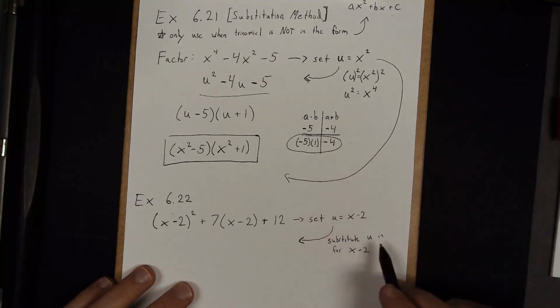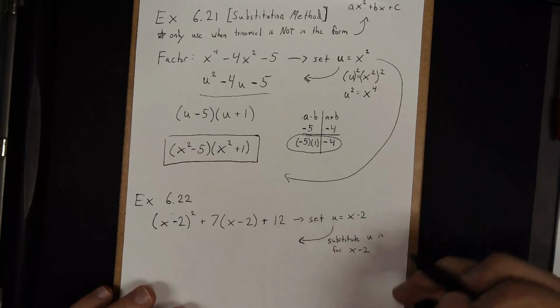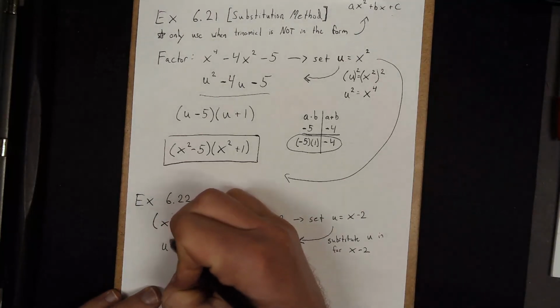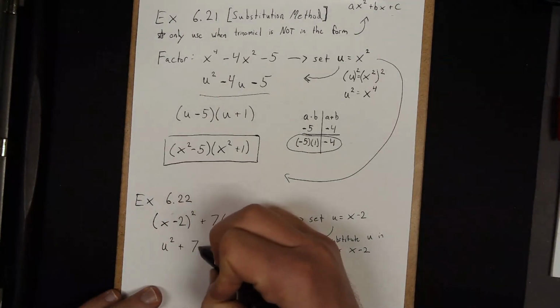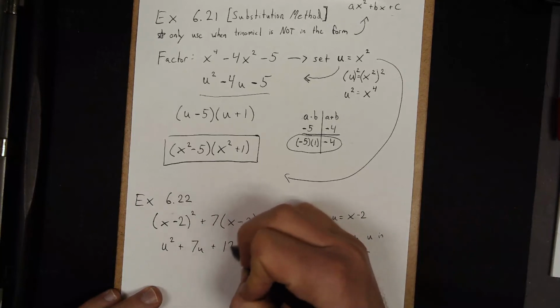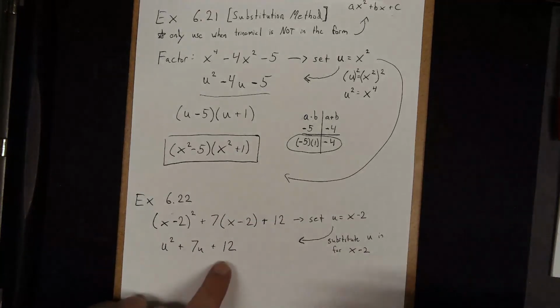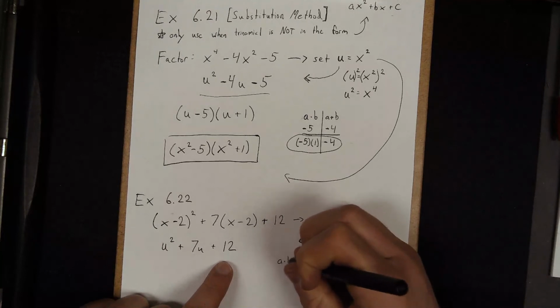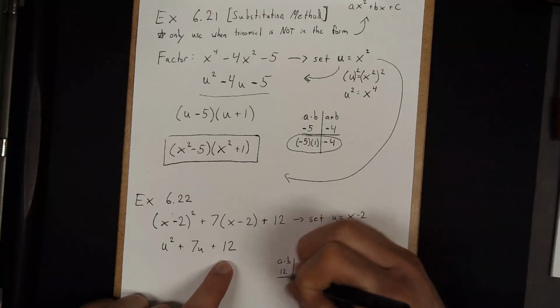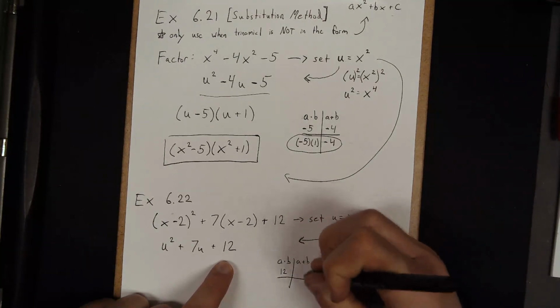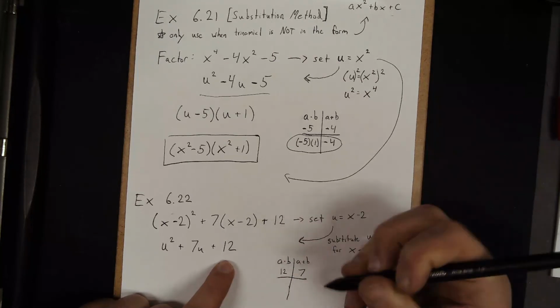So we're substituting u in for x minus 2. So when we do that, we see we have something we can handle. We need two numbers now that multiply to be 12, and they add to be 7.